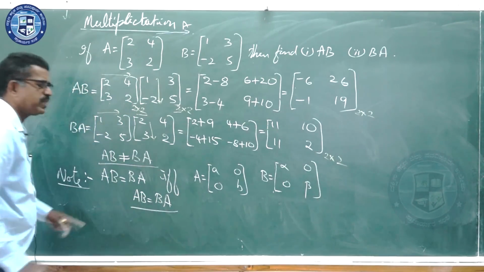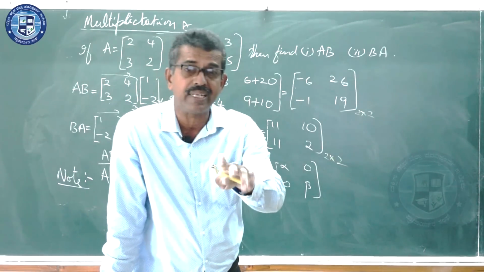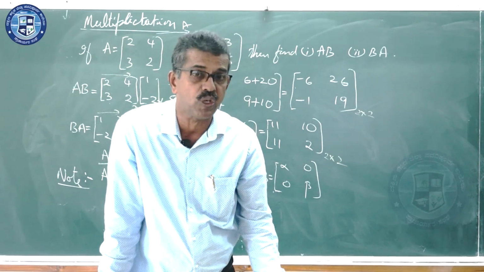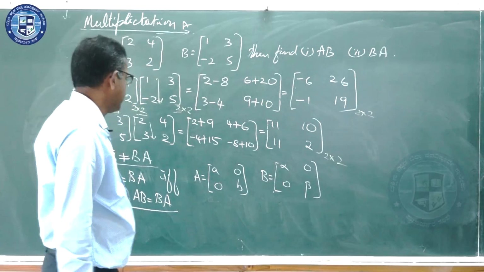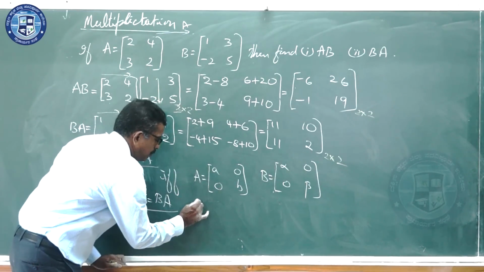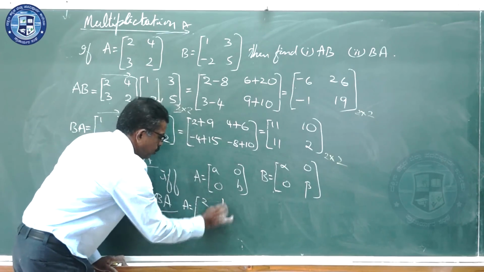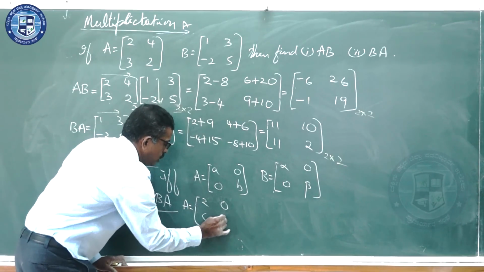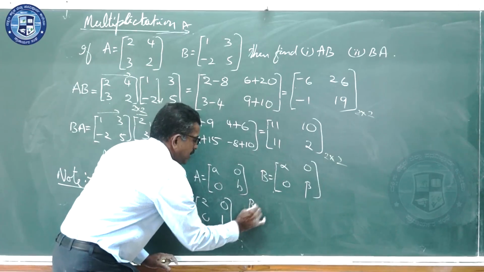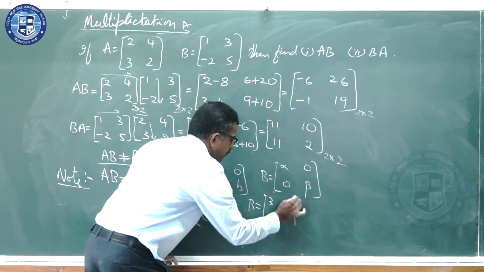I gave this example to make you very sure that you should not say that A into B can never be equal to B into A. That is possible in the case of diagonal matrices. You can just check it. A simple example: suppose A is equal to 2, 0, 0, 1, and B is equal to 3, 0, 0, minus 1.